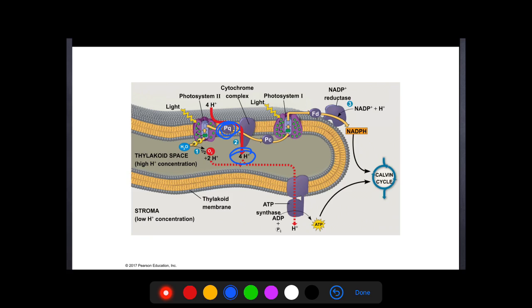And then when this happens, hydrogen ions are going to be moved from the stroma when the NADP plus picks them up. And you're going to have diffusion of hydrogen from the thylakoid space into the stroma, which is going to allow ATP synthase to make ATP. And NADPH and ATP are going to shuttle the energy into the Calvin cycle, and that's how the Calvin cycle gets NADPH and ATP.